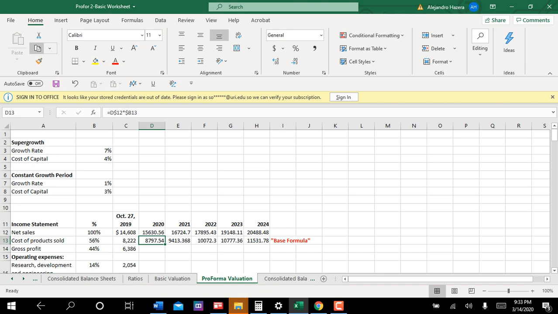Let's say that that's the first golden rule of setting up these pro forma financial statements, besides all the other things. The very important setup thing is getting this formula right. I'm emphasizing by putting the dollar sign in front of the 12, in front of the B there, whatever the cells are, so that you can copy out here, and so that each one of these numbers will be equal to 56% of the sales for the respective year.